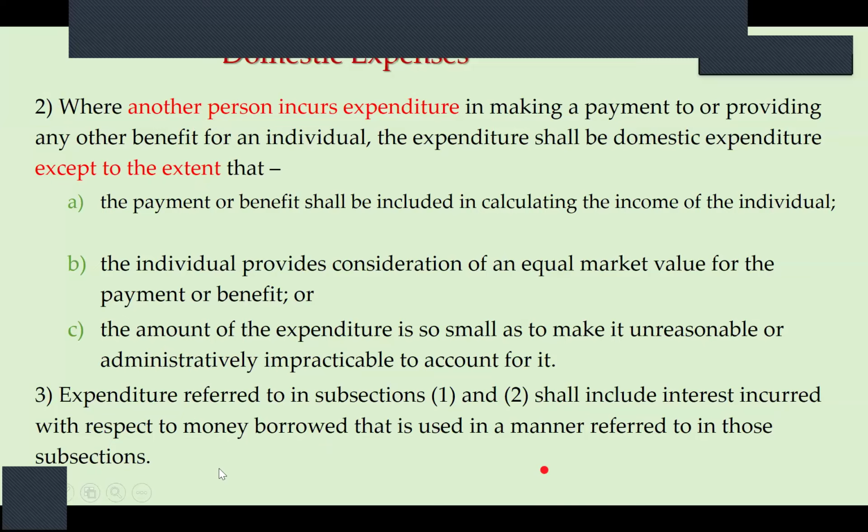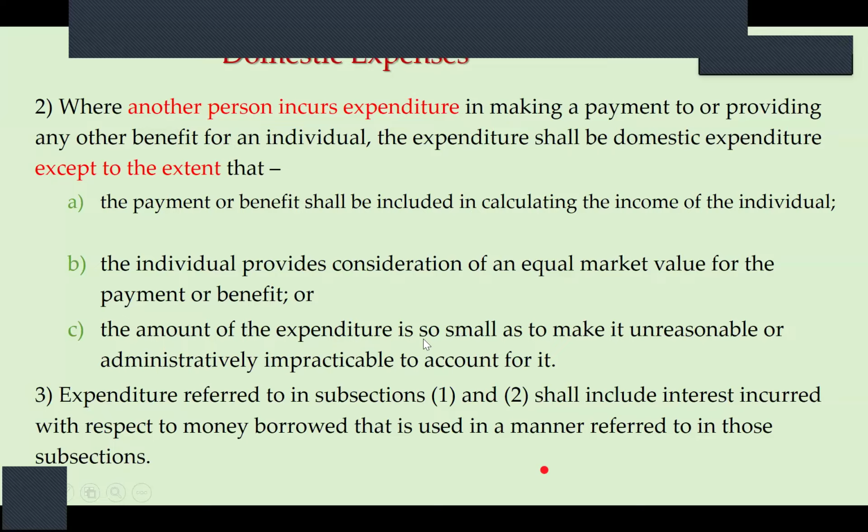That means, for an example, as an employer, if I don't have money to make expenses, what am I doing? I am borrowing money, and for that borrowed money I have to pay interest. So if that borrowed money is used for this type of expenditure, then the interest is also not allowable as a deduction.